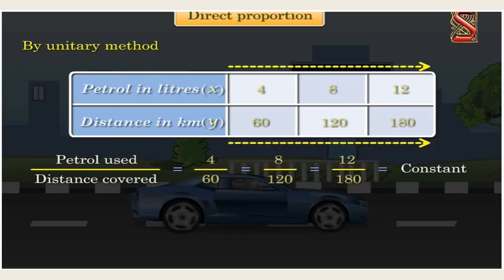That is, liters of petrol consumed will be directly proportionate to distance covered. The more liters of petrol consumed, the more distance would be covered. So they have a direct relation. In direct relation, if one quantity increases, the other also increases. If one quantity decreases, the other also decreases.